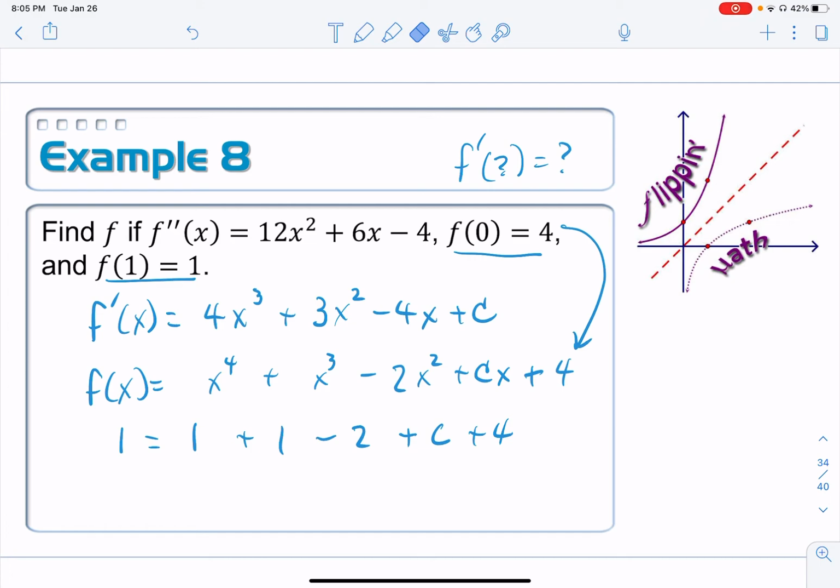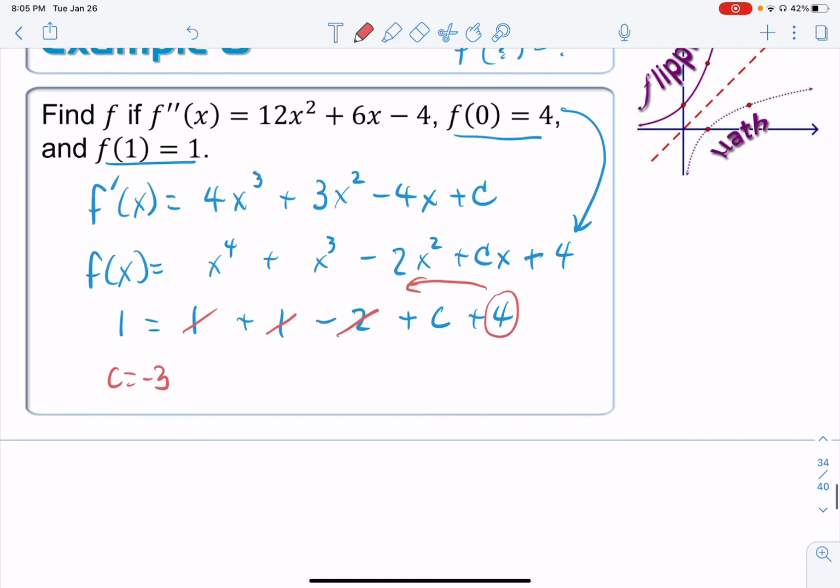All right, look how convenient this is. This 1 plus this 1 makes 2, which cancels out with that 2. And then take this 4, and let's say we subtract it to the other side over here. I'm going to get c is equal to -3.